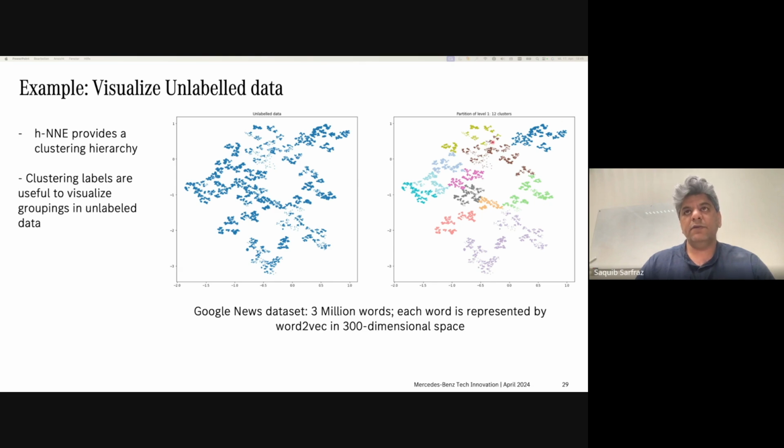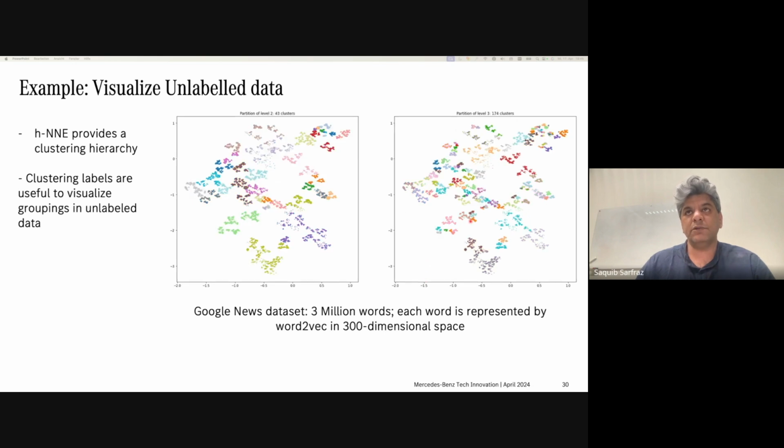And you can see that we have some clusters at the top level, 12 clusters, and we can see different clusters of this data here. And same, we can also move up the hierarchy and visualize this data at a 43 cluster level or at a 174 clusters level.